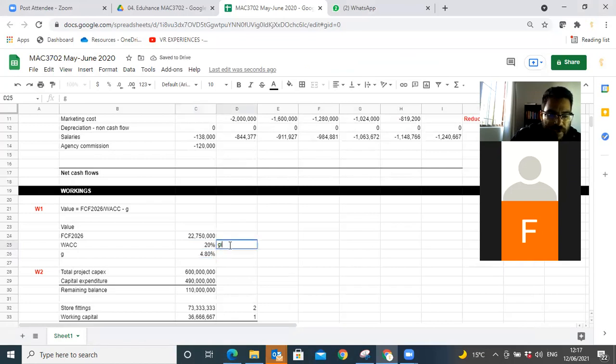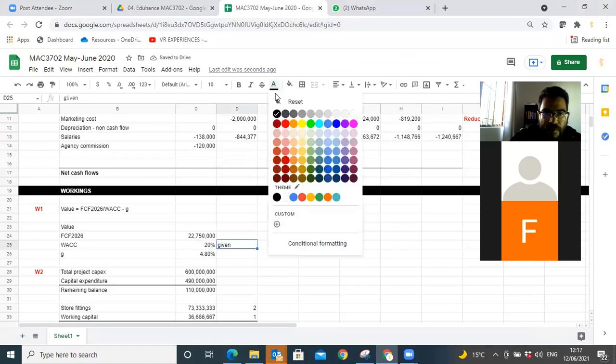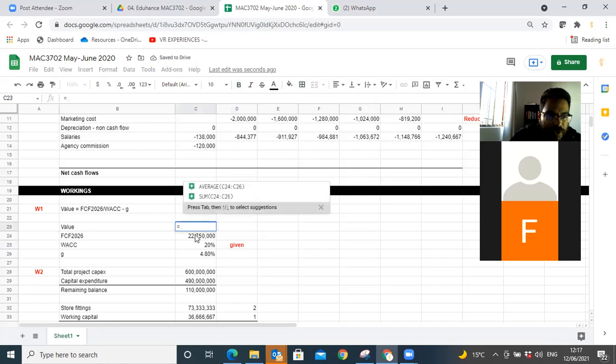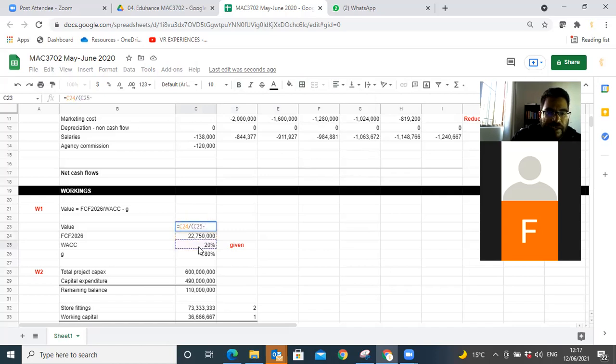So this here is given. So the value is equal to free cash flow 2026 divided by WACC minus the growth rate.